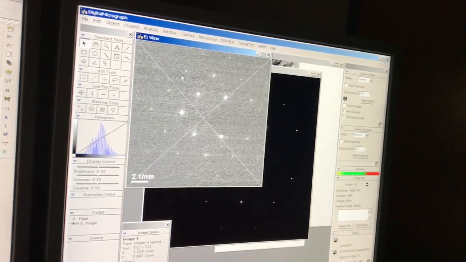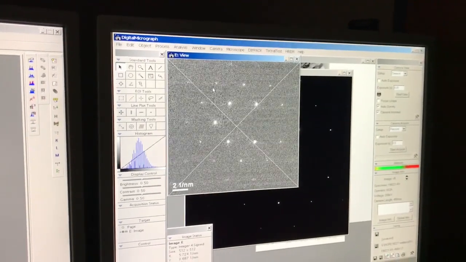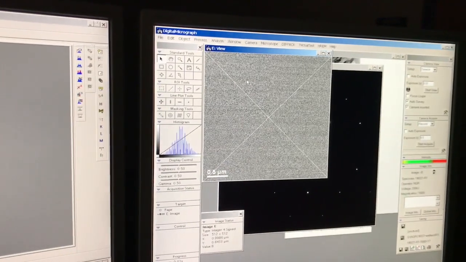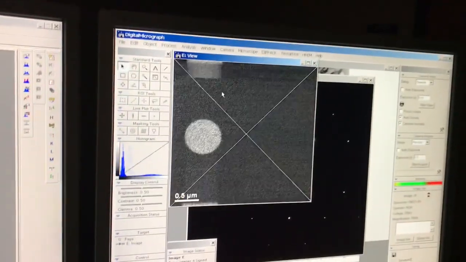Okay, so if I want to do the same thing for the film, screen goes down. I'm going to go back into image mode, turn off diffraction, and lift the screen back up.